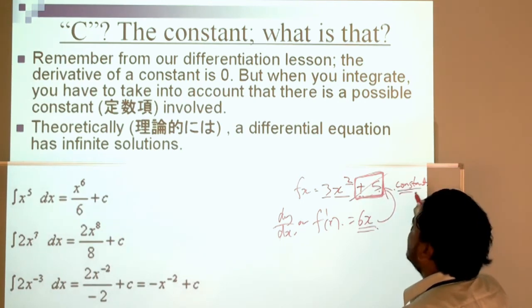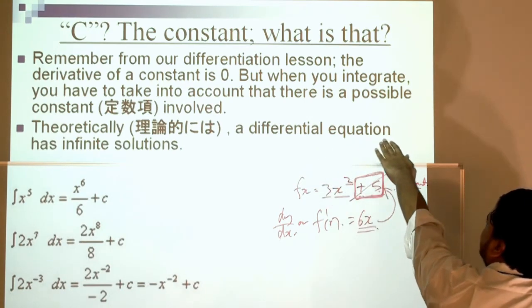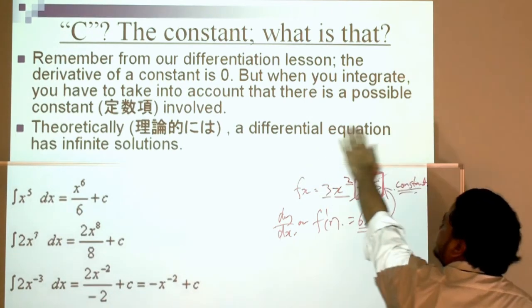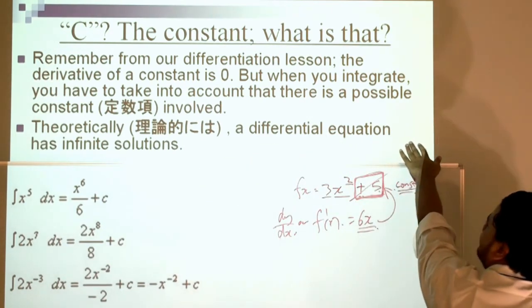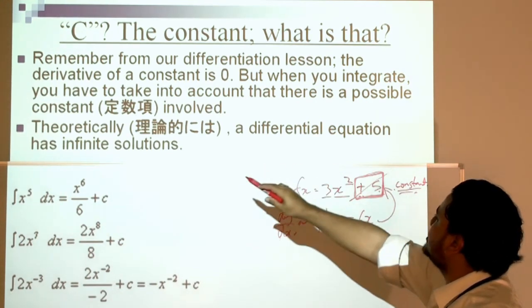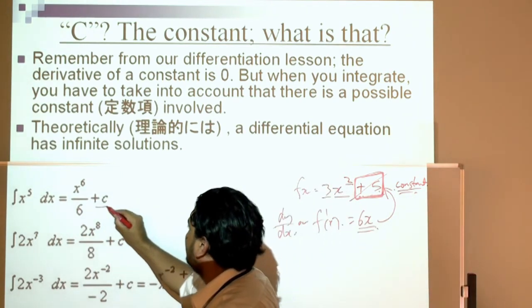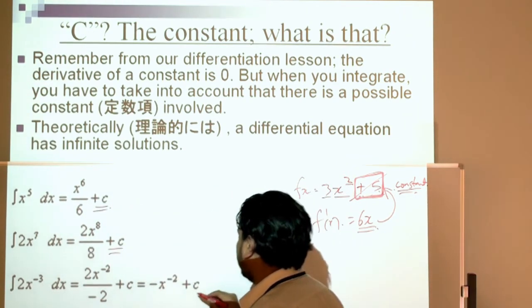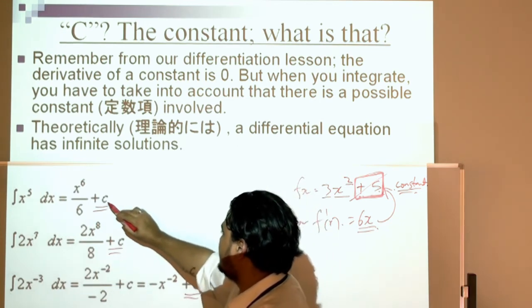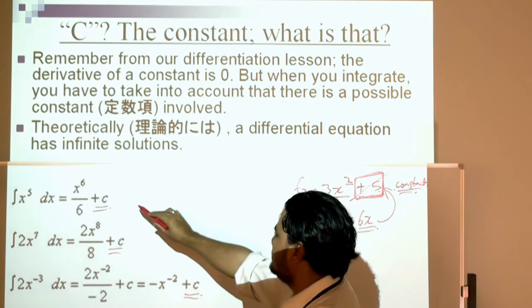It represents the constant. When you integrate, you have to take into account that there is a possible constant involved. So theoretically, a differential equation has infinite solutions. Now let's have a look at these examples. We add the plus c when we are integrating to show that there may be a constant.